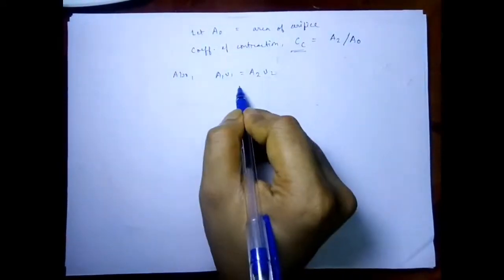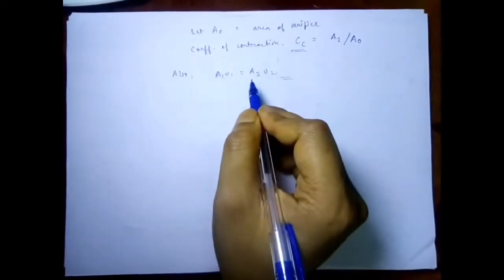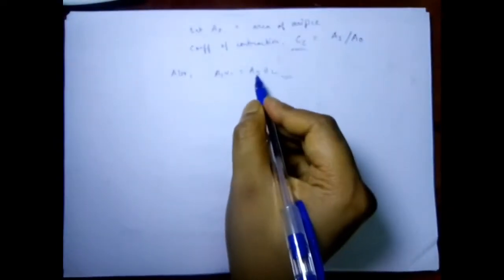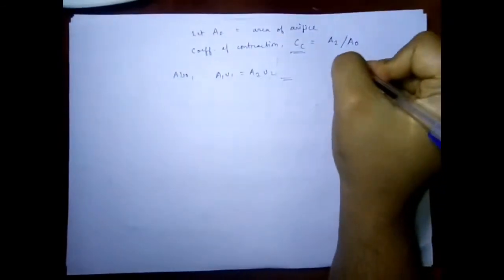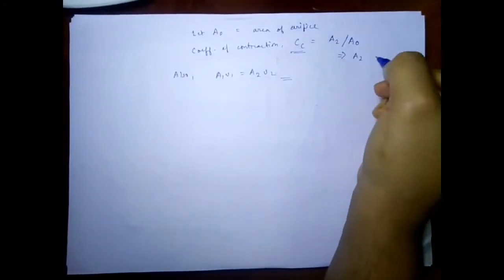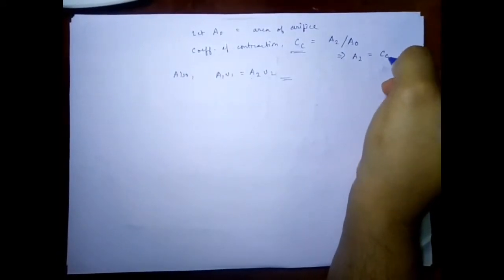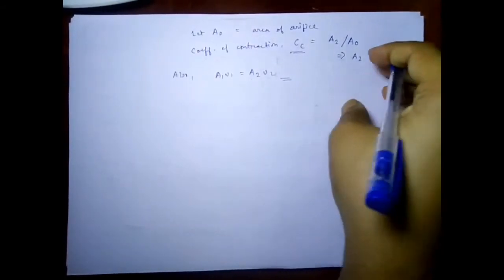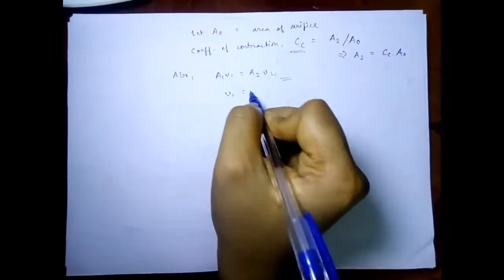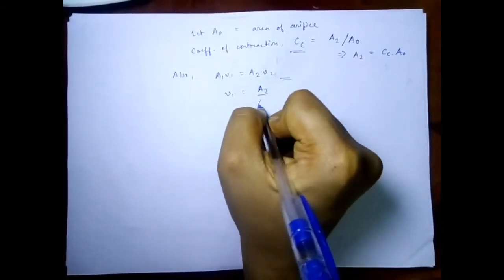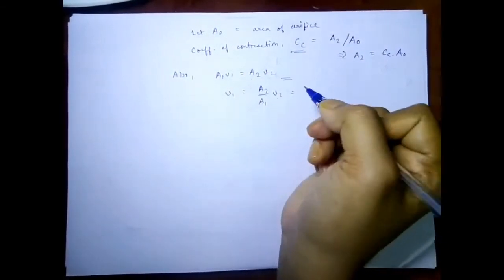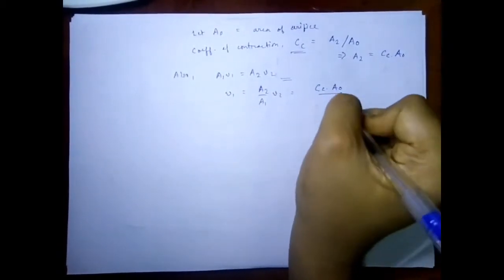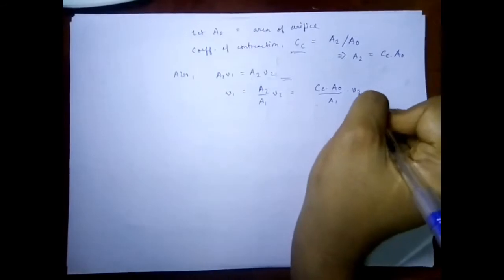In place of A2 I can write A2 as CC times A0. Therefore V1 is equal to A2 upon A1 times V2, and A2 can be written as CC times A0 upon A1 times V2.